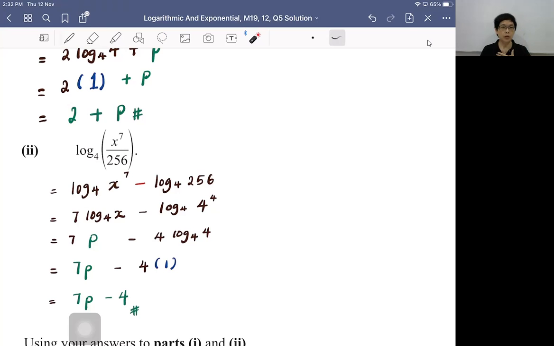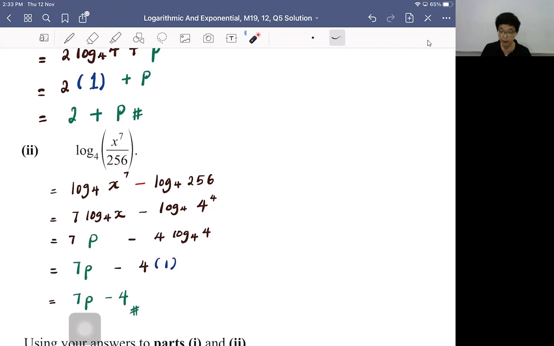If you do not remember it by heart, 256 is equal to 4 to the power of 4. Without much difficulty, you can use the help of the calculator: 4 to the power of what? Just try and error, and I'm sure you're able to find the relationship where 256 is the result of 4 to the power of 4.